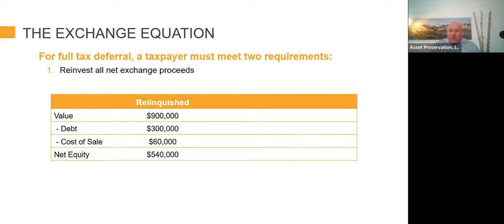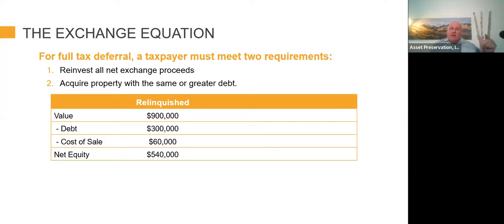That would be after your real estate commission, after the closer's fees at First Integrity Title, after the recording fees. So it's the net amount, not the gross sales price. Number two, acquire property with the same or a greater amount of debt. So if you reinvest net equity, same or greater debt, you have 100% tax deferral. So let me walk you through a couple examples.